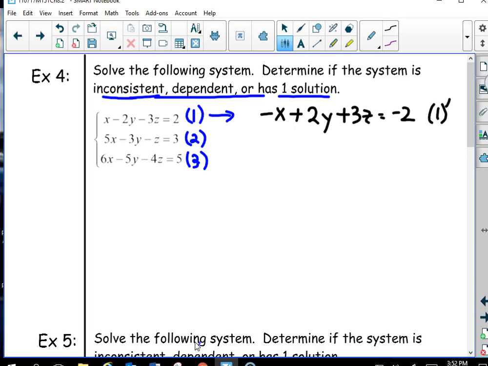Okay, so if I look at equation 2, it's got a 5 in front of the x, so I'm going to take equation 1 modified, and I'm going to multiply it by 5. That'll eliminate the x's. So 5 times -x plus 2y plus 3z equals -2.